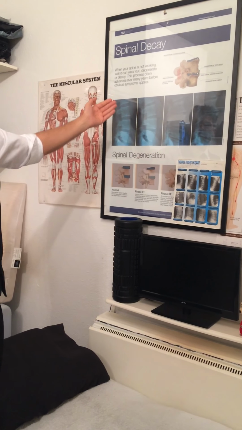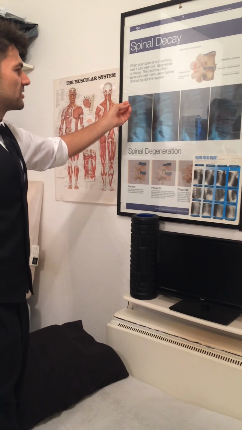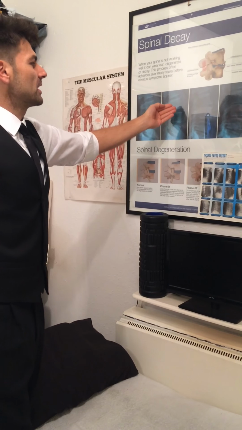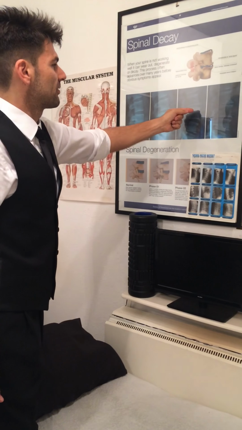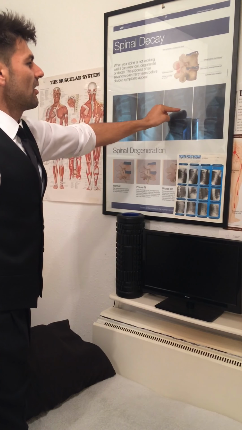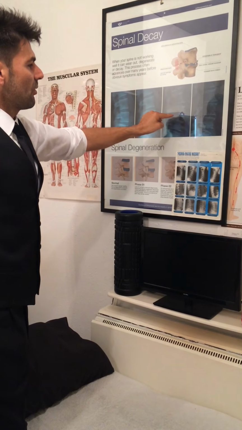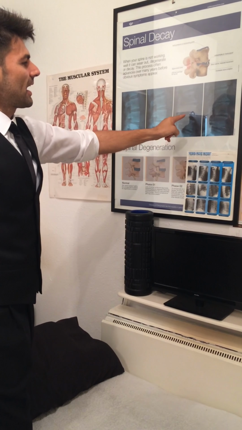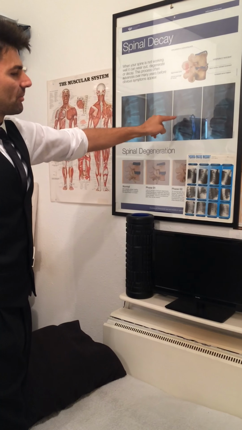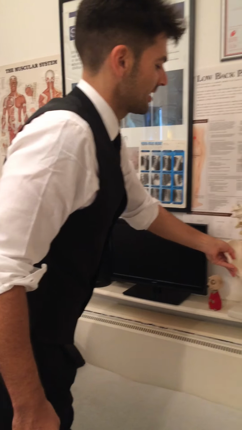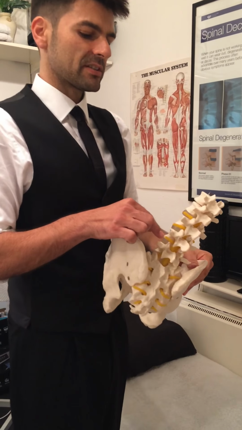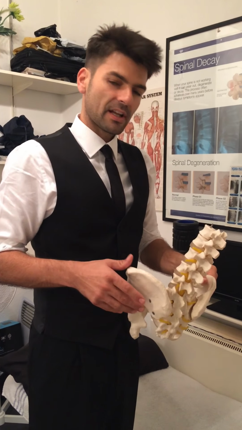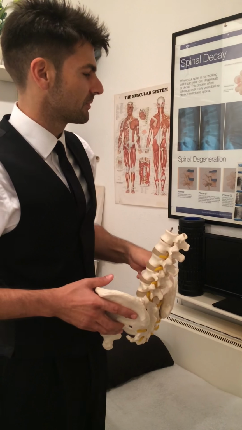Added to that, the bones themselves can become degenerative and develop these osteophytic spurs. So we can see sharpened edges on the front of the end plates here, off of the anterior or the posterior part of the vertebral bodies. If it goes into the back where this intervertebral foramen is, the gap where the nerves exit, it can compromise the effectiveness of the communication between the central nervous system and the organs and glands and cells and tissues of the body.